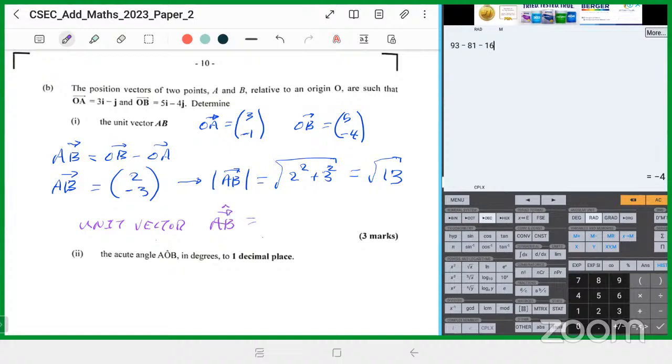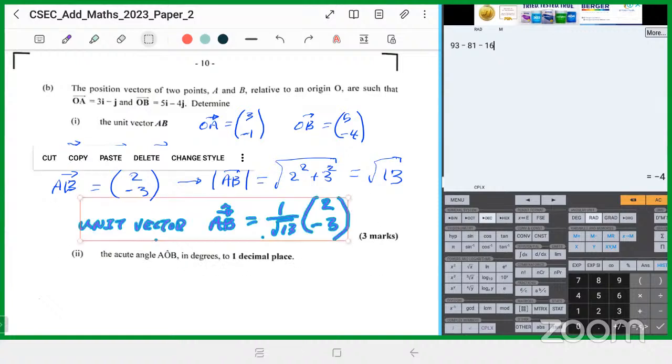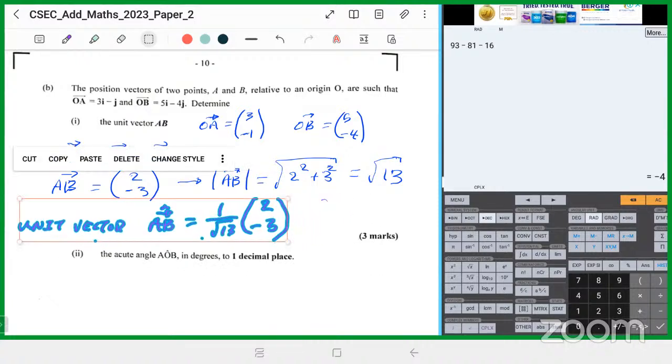It is 1 over the modulus, which is root 13, divided by the modulus, and multiplied by the vector AB, which is 2 minus 3. But I'm going to leave my answer like this because he gave me the question with i and j. I'm giving back the answer with i and j. So I'm going to shift this over some more, so I can write my i and j.